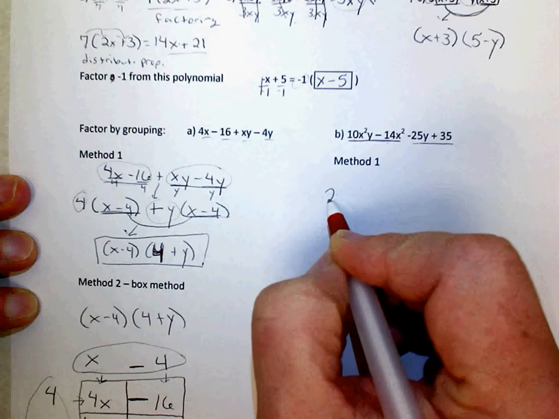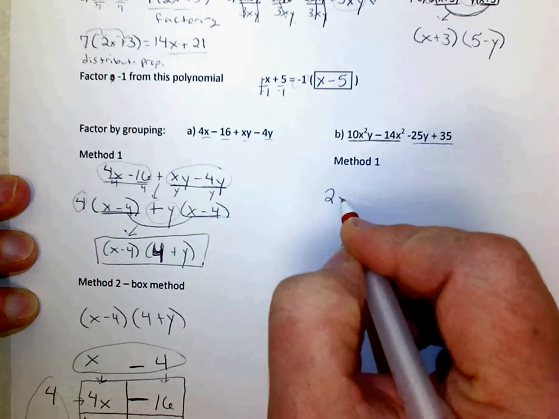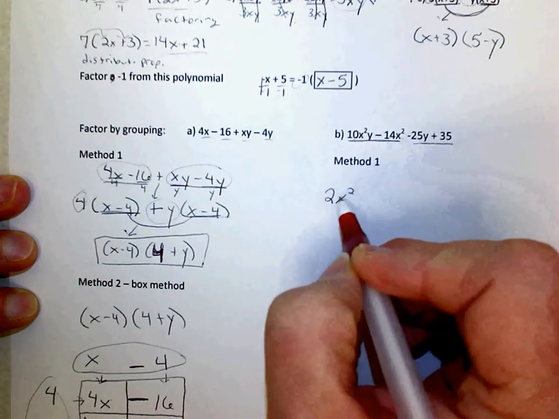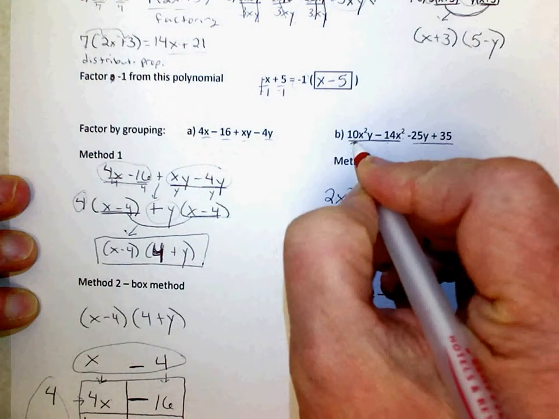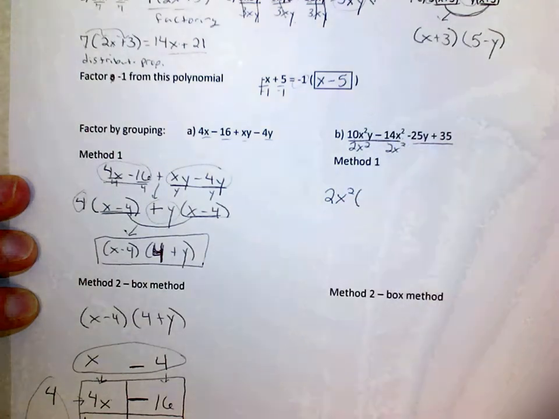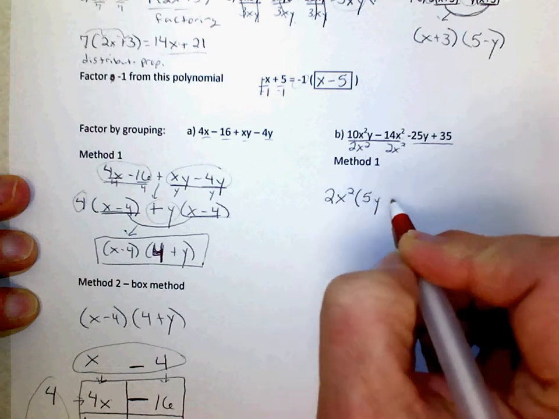Between x squared and x squared, x squared. Y, no y. So we're done with our GCF. So we divide this by 2x squared and 2x squared. Alright, so that leaves us 5y minus 7.